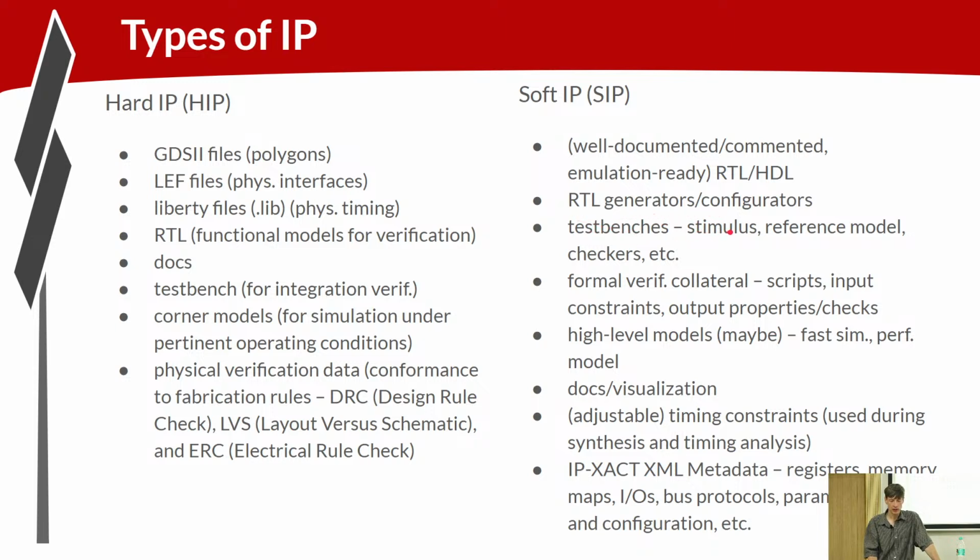Verification collateral like test benches, stimulus, reference models, checkers, formal verification collateral, input constraints, right? Properties constraining the inputs of the model. The customer is going to tack on their own logic.